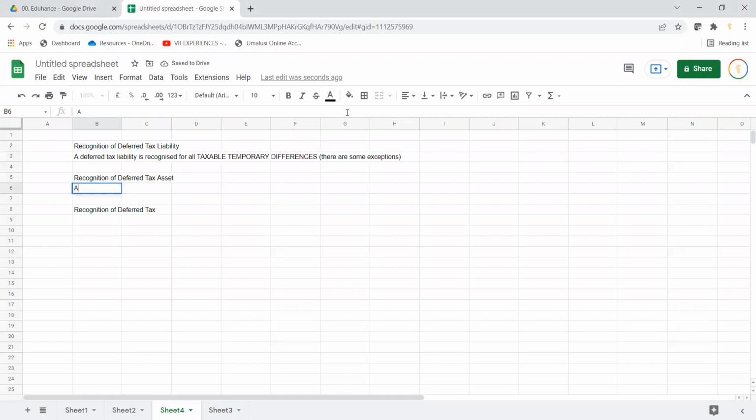A deferred tax asset. A deferred tax asset is recognized for all deductible temporary differences.